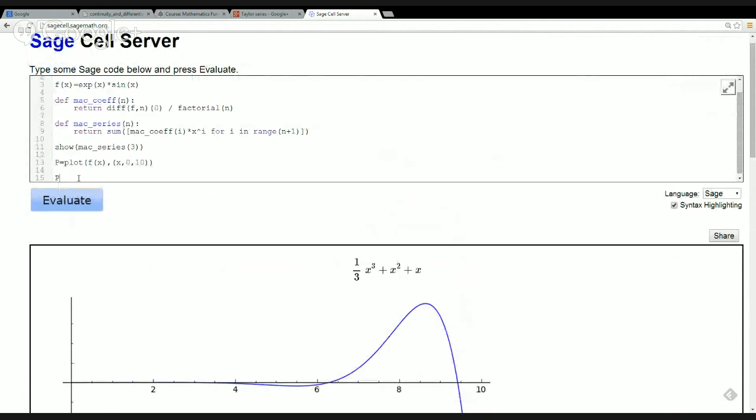But I can add to that plot. I can add the plot of the Maclaurin series. I'll do that across the same range, x from 0 to 10, give it a different color.